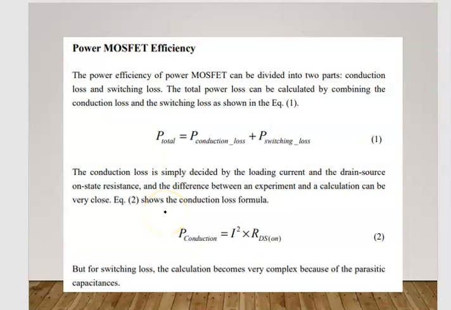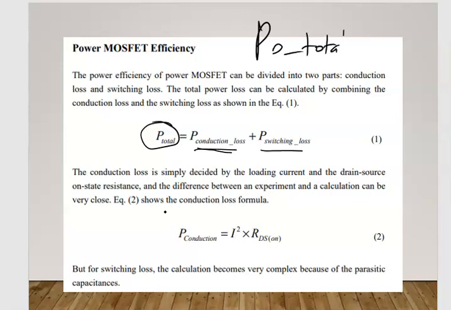Now we shall see how much switching loss to include in your calculation, instead of only conduction loss, so that PD total is the sum of switching loss together with the previous conduction loss.